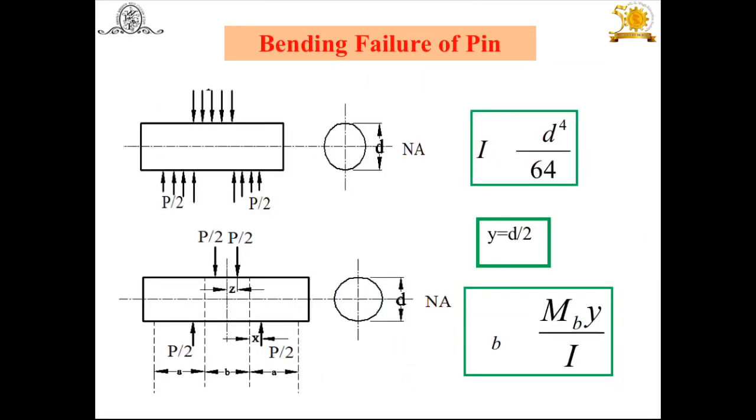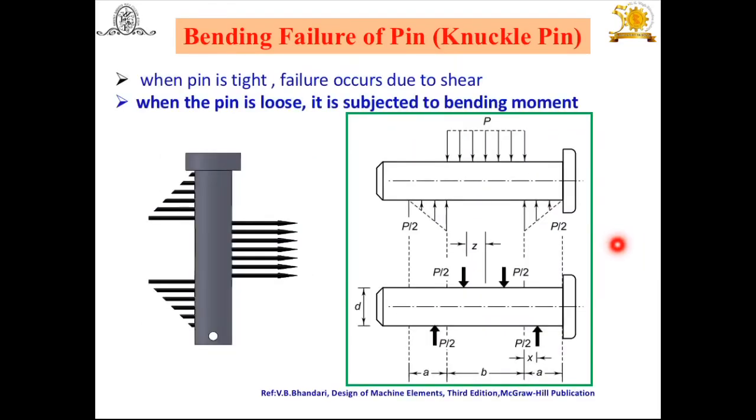Look at this diagram. It shows a pin. There is a uniformly distributed load because of the eye, and a varying or triangular load at the eye of the fork, top as well as bottom. Again, how much is the thickness of the eye? That is B. And what is the thickness of the eye of the fork?